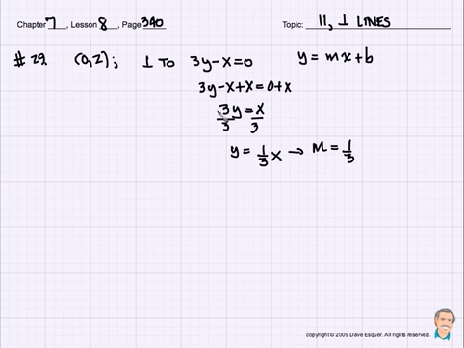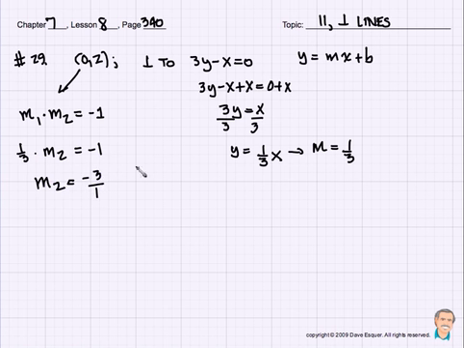But it's got to be perpendicular to that. So that means that the slope of the first one times the slope of the second one has to be equal to -1. So we've got 1/3 times m2 better be equal to -1. So this second slope turns out to be -3 over 1.